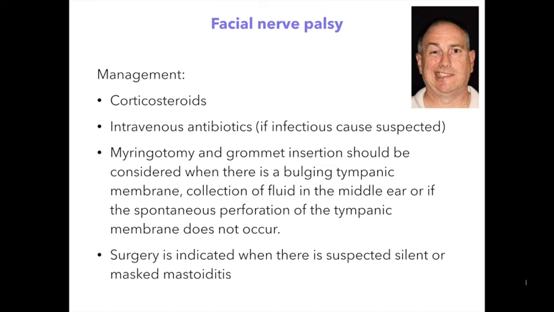And if on otoscopy you see a bulging tympanic membrane, then myringotomy and grommet insertion can relieve the pressure and resolve the facial nerve palsy much faster. Surgery is indicated when there's a suspected silent mastoiditis. So the facial nerve palsy can be an important warning sign of a severe hidden case of that.